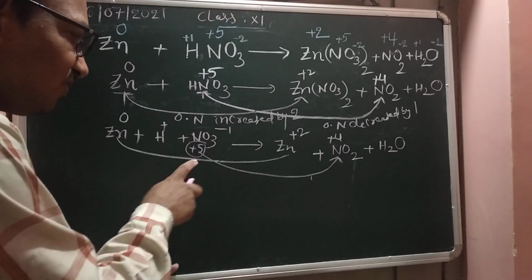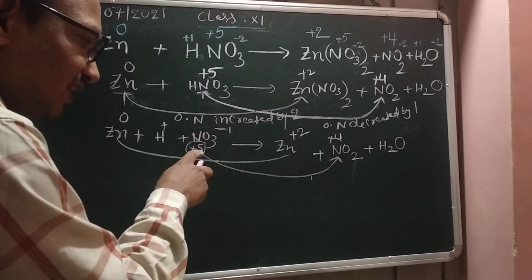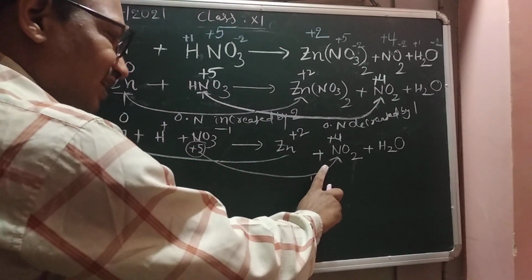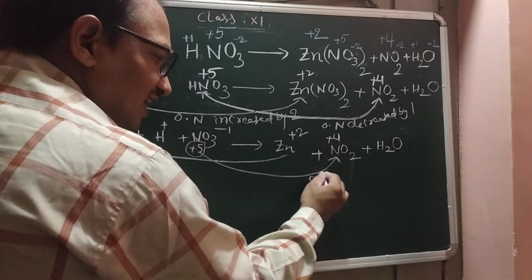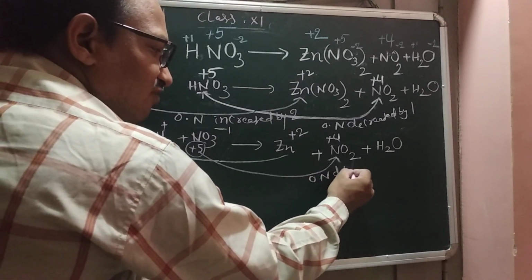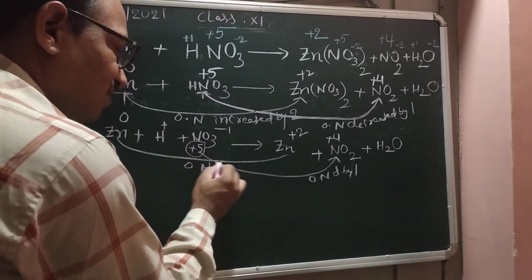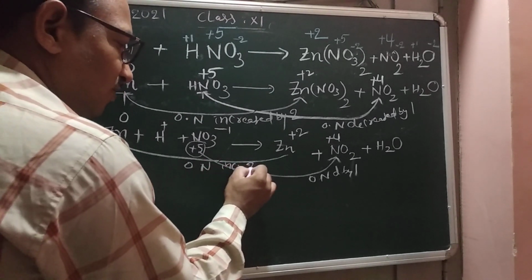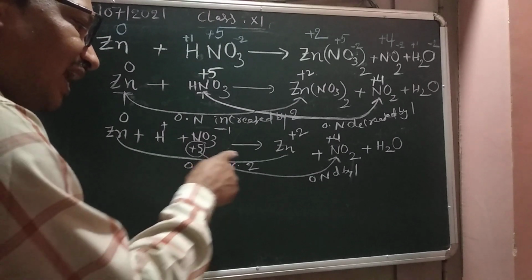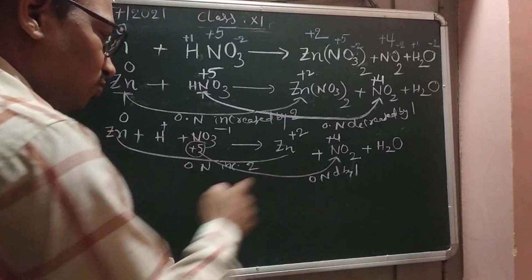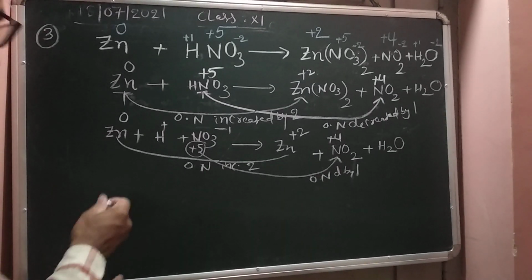For that, this nitrate ion +5 to +4 decreases by 1, and here Zn 0 to Zn +2 increases by 2. So to balance it, I will multiply this NO3 by 2.